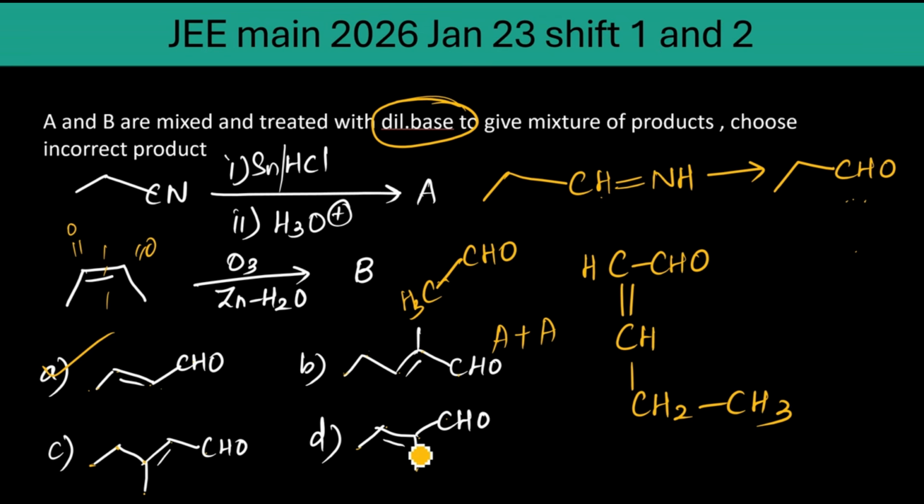I don't think this will work. Let's check D also. CH3, so this case will work when A is an enolate combining with B. Okay, this will work, and C is not the product, so that is the incorrect product.